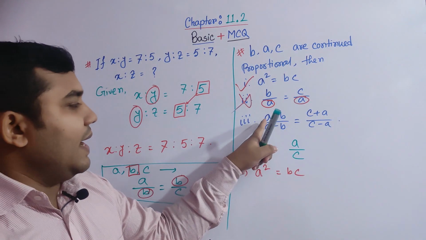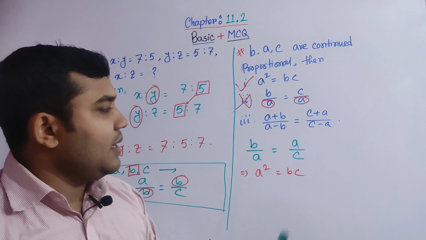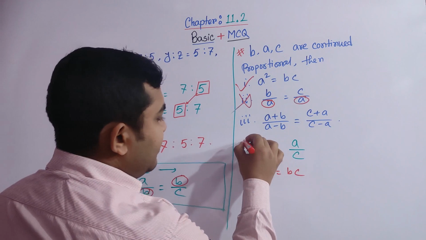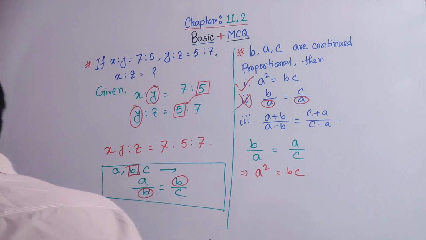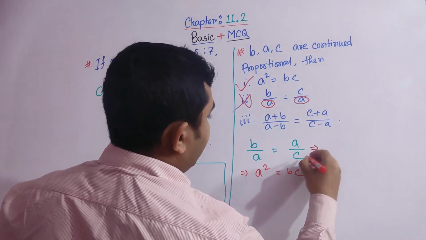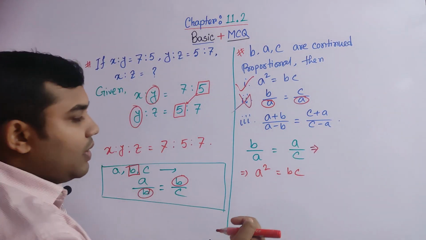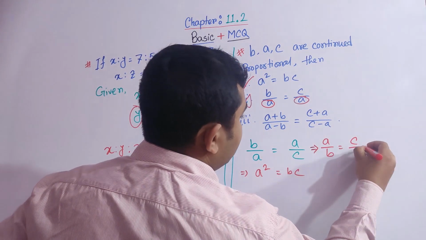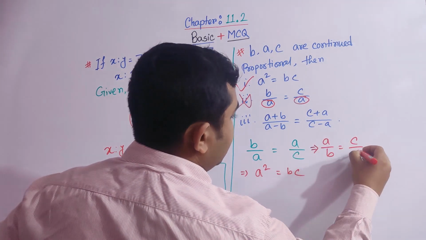So what about a plus b by a minus b and c plus a by c minus a? Okay, dear students, if it is this, then we can write it as, if we are going for invertendo, a by b, c by a.